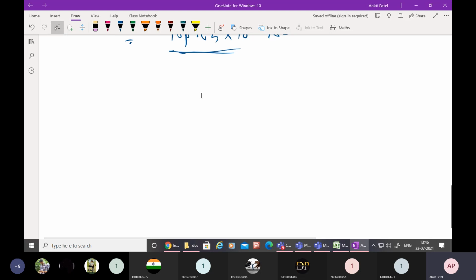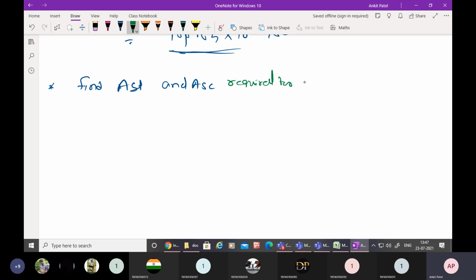Okay, so let's start our design example. Any of the examples, say for example, I'm going to take one for reference. The question is like this: find AST and ASC, or they can give us like find the compression reinforcement as well as tension reinforcement required for a beam having the dimension 300 mm by 550 mm effective.